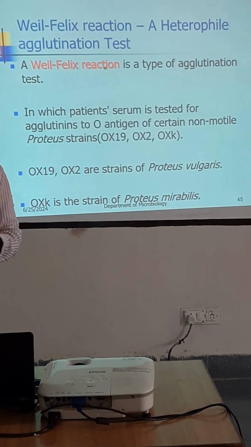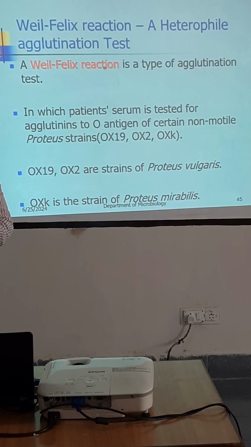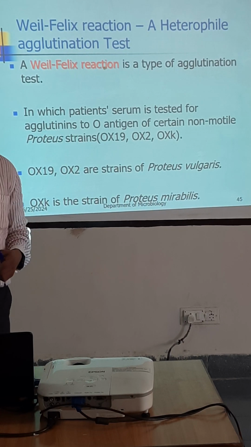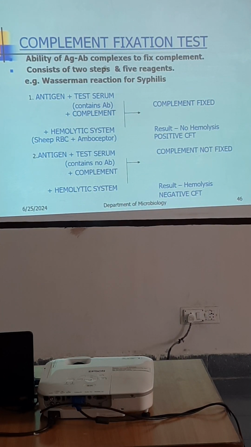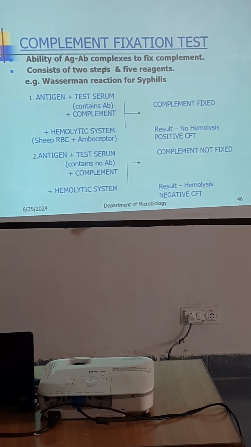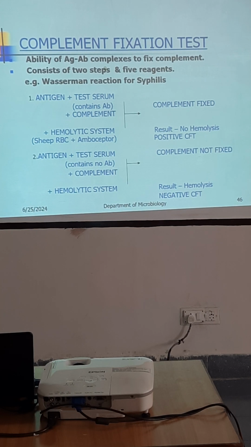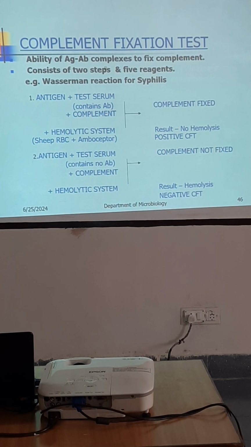Here the antigens share antigenic, biological and chemical properties, and therefore the antigen and antibody combine with each other. Another test is the complement fixation test, which is rarely done nowadays, where you can see the ability of antigen-antibody complexes to fix the complement. It consists of 2 steps and 5 reagents.